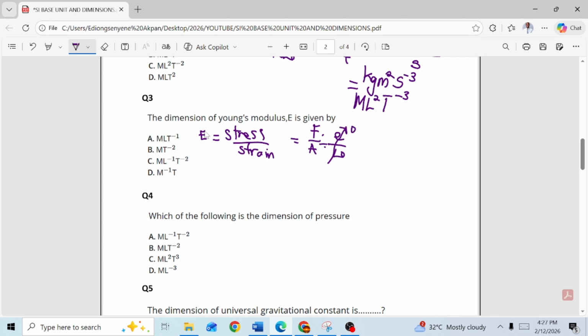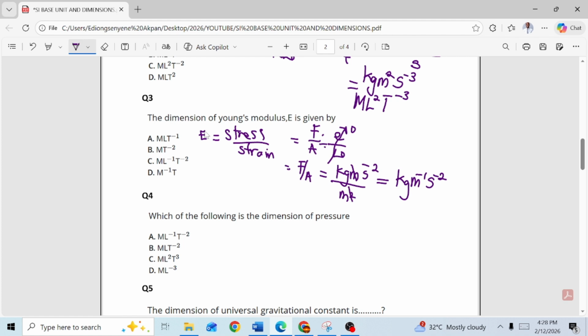So unit for Young's modulus is taken from force over area. Force over area will be kilogram meter per second squared divided by meter squared. This will give us kilogram per meter per second squared. Why it is per meter is that 1 meter up will cancel 1. So when the 1 down goes up, it becomes minus 1.